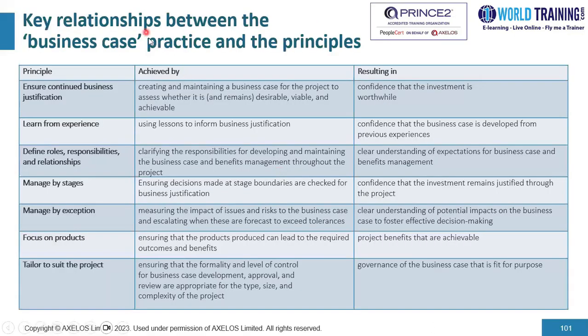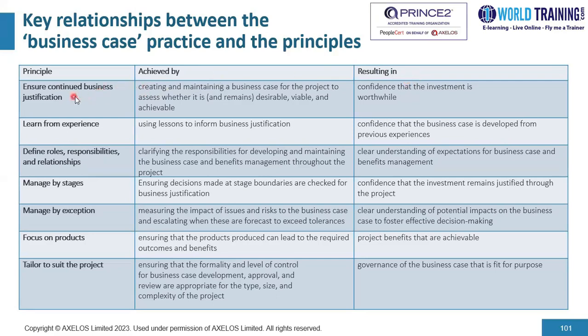Now, let's briefly examine key relationships between the business case practice and the principles. If you remember the 7 principles, the 7 principles are achieved by this particular practice, and it results in certain outcomes. Let's examine each of these components in a detailed fashion.